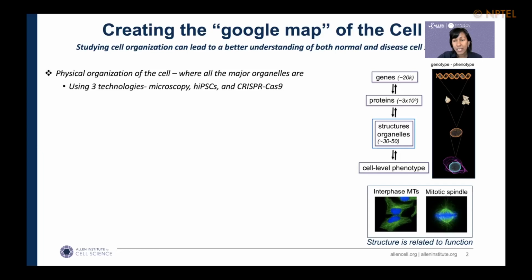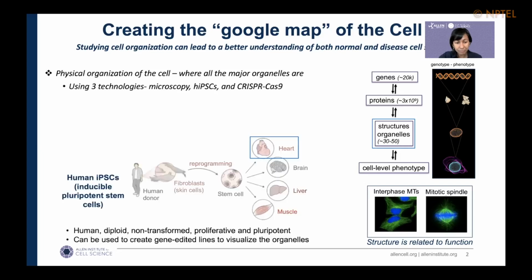And then CRISPR-Cas9, this is a technology that allows us to introduce a tag of fluorescent protein into the stem cell so we can visualize these various structures.